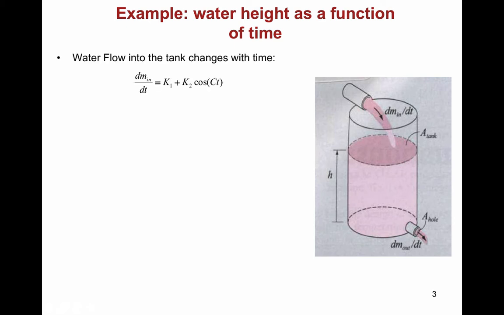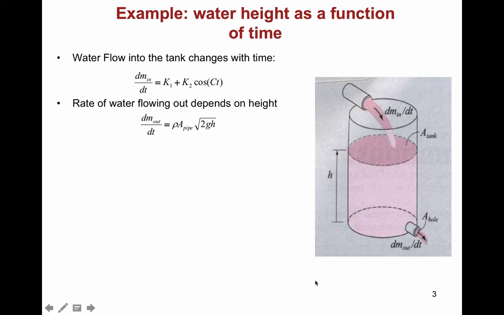So what do I have? My water flow into the tank is given, and it has some variation to it that is like a cosine. Let's say that I know all of these: I know K1, I know K2, I know C. Then the water flowing out I can calculate, and it's related to the height, h, of the column and to the geometry of the area of the pipe or hole that it comes out of.